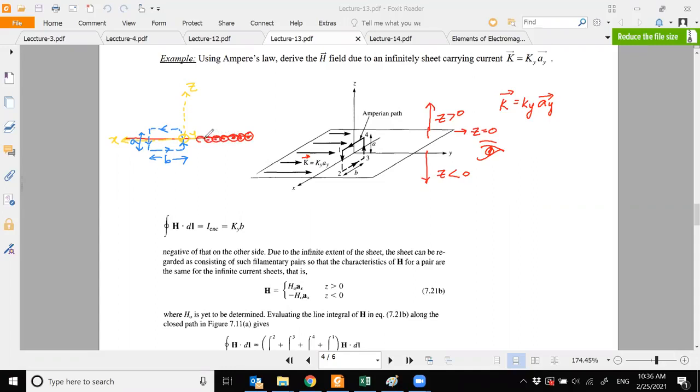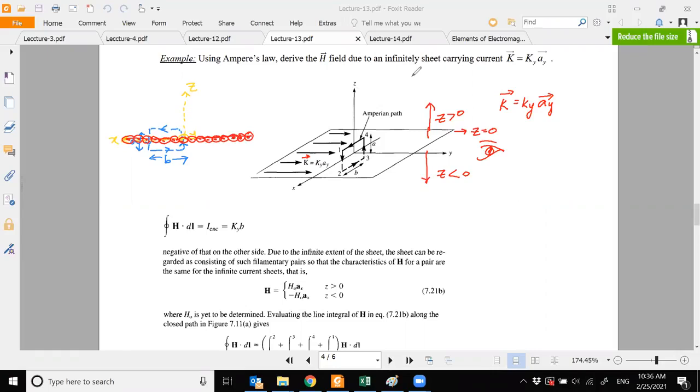Because this will help us to identify the magnetic field, its component and its direction. So you can think of it like this. When I put this dot, that means the current is coming out of the screen.